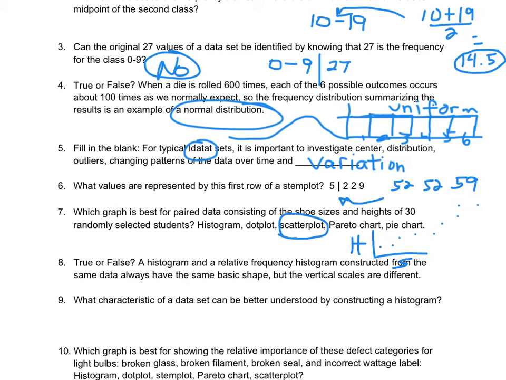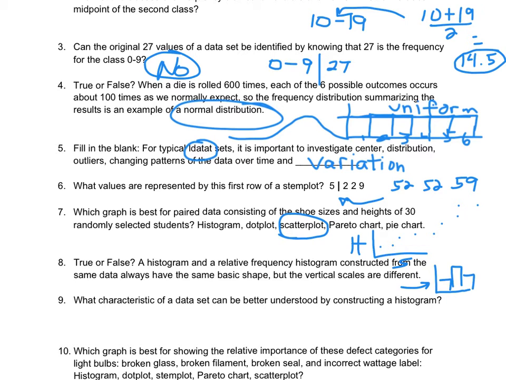Number 8, true or false: a histogram and a relative frequency histogram constructed from the same data always have the same basic shape, but the vertical scales are different. That is true. A regular old histogram resembles a bar graph, but what's on the y-axis are the actual values or the number of occurrences of each range.